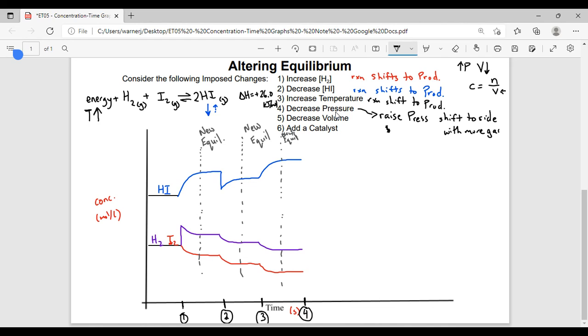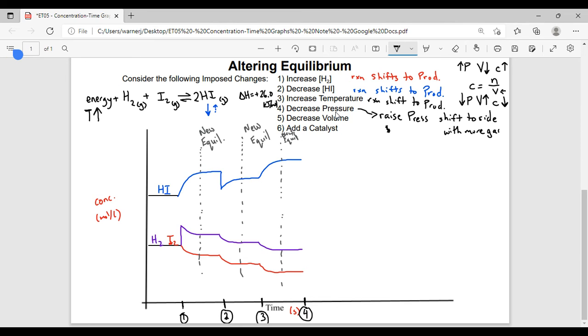So if the volume goes down because of an increase in pressure, we're going to see our concentration go up. An increase in pressure is going to cause the concentration of gases to go up. A decrease in pressure should mean that the volume has increased, so we know that the concentration of gases should go down.